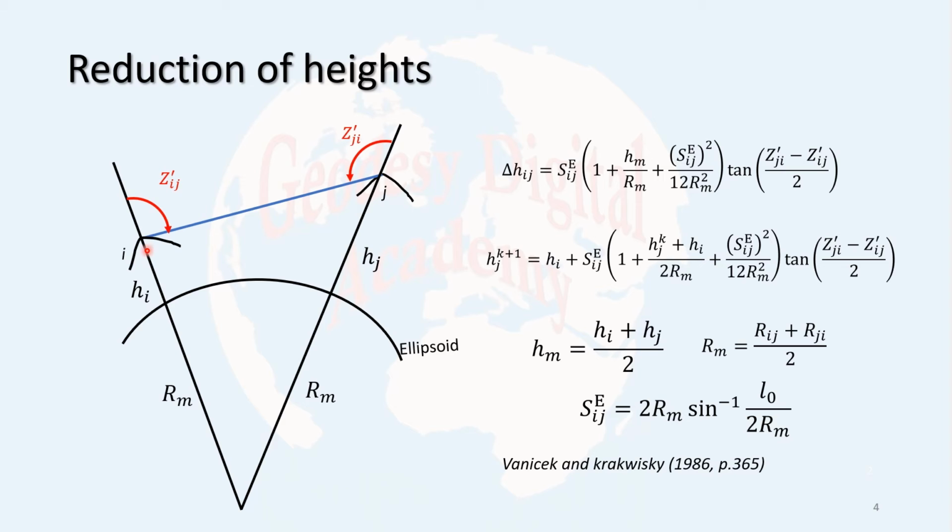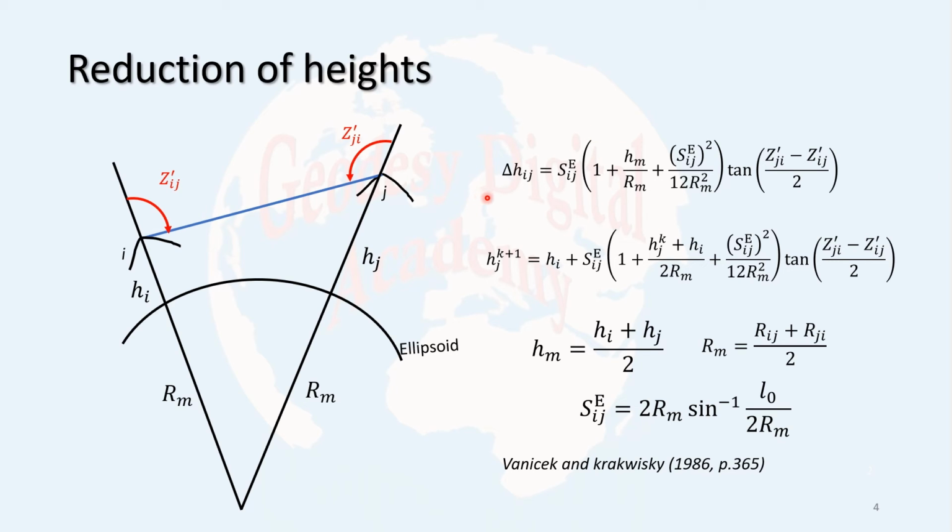So in that case, we can simply use this formula to get the height difference between points. However, there's a point here. Hm is the average of the heights. So this formula needs the heights themselves for computing the height difference.